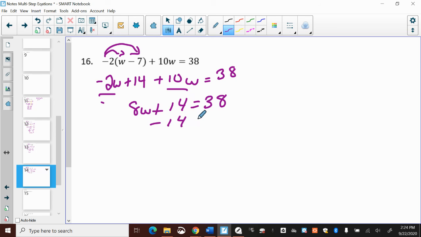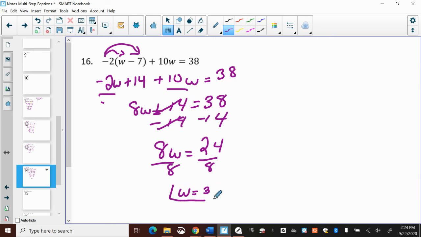Subtracting 14 from both sides. And now we've got 8w is equal to 24. Dividing through by 8. W is equal to 3. And the rest of the problems on this slide are your turn. We'll fix up that other problem before we get in class tomorrow.